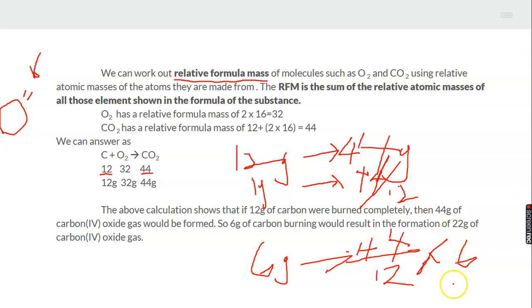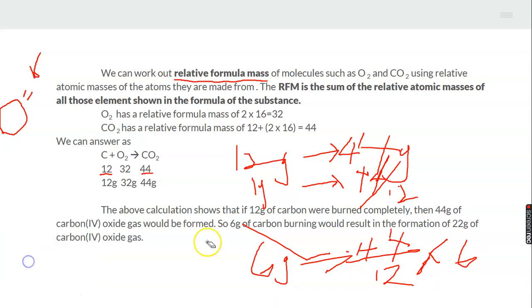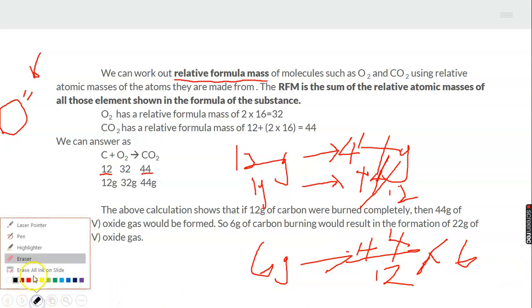So 6 grams of your carbon will give you 22 grams of CO2. I hope that's clear about that.